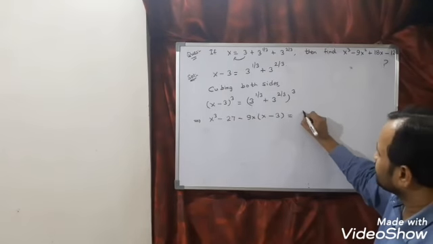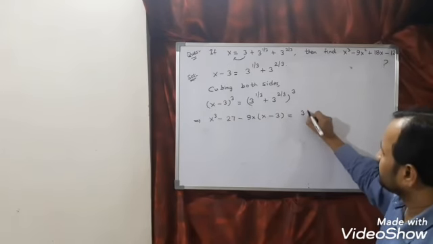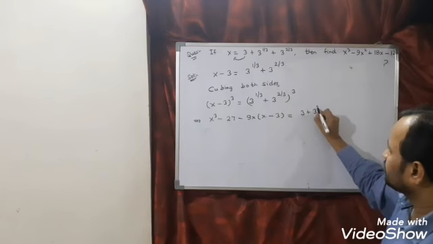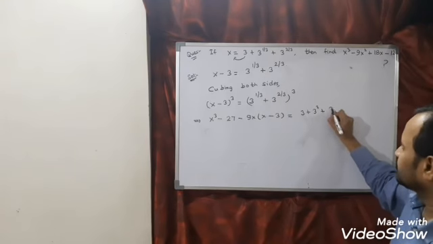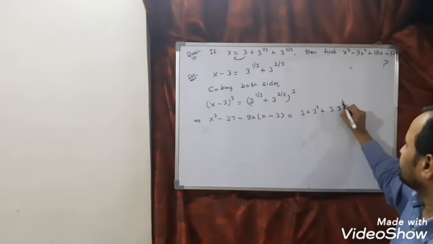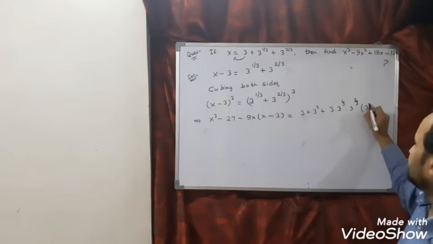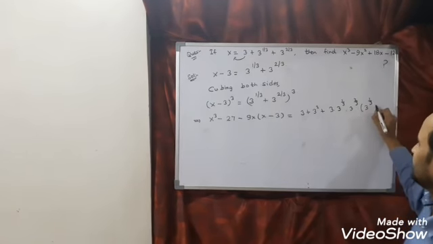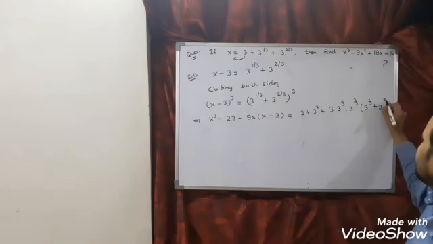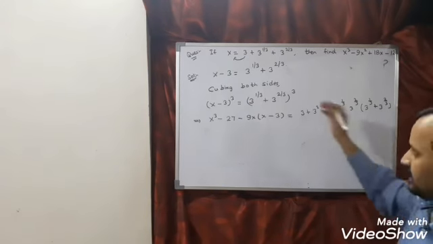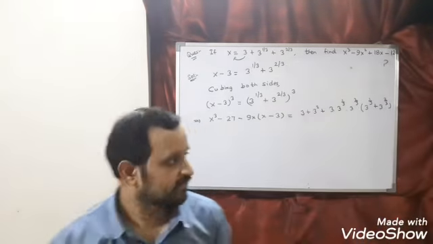A cube is nothing but 3. B cube is nothing but 3 square plus 3ab. So 3 power 1 by 3, 3 power 2 by 3, and this I can say 3 power 1 by 3 plus 3 power 2 by 3. I just applied a plus b whole cube formula.